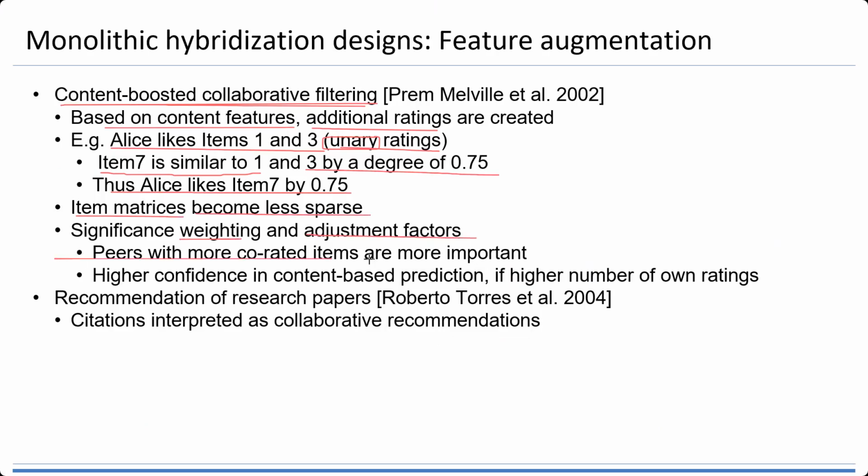If you still remember when we did the community-based approach, pairs with more correlated items are more important.